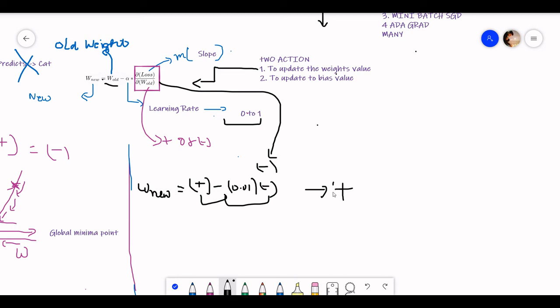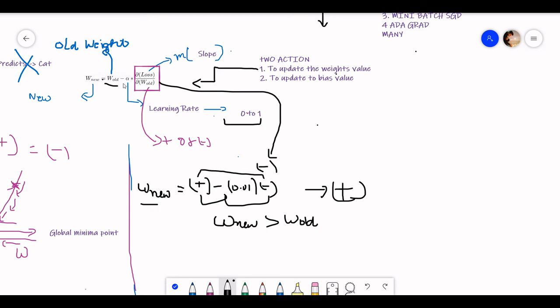So can we say that our weight new will become greater than our old weights, because here we are summing all these values.